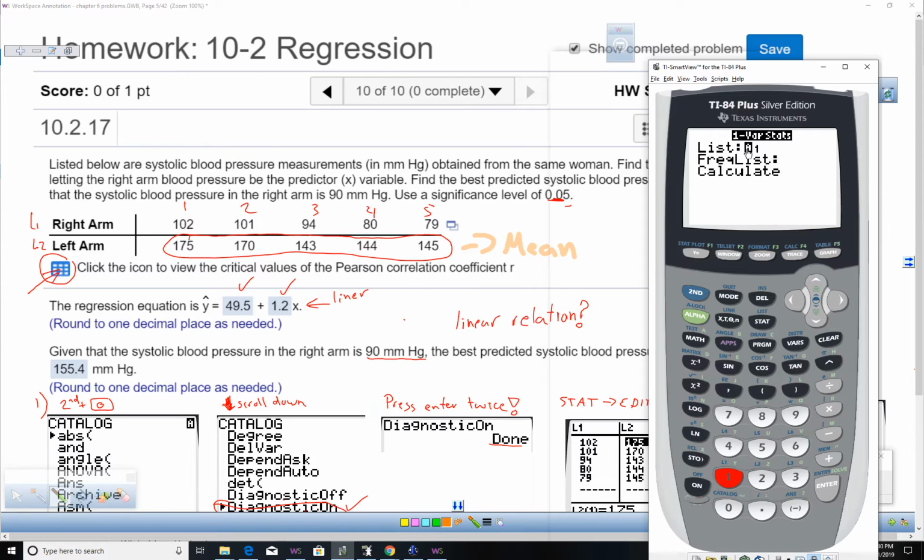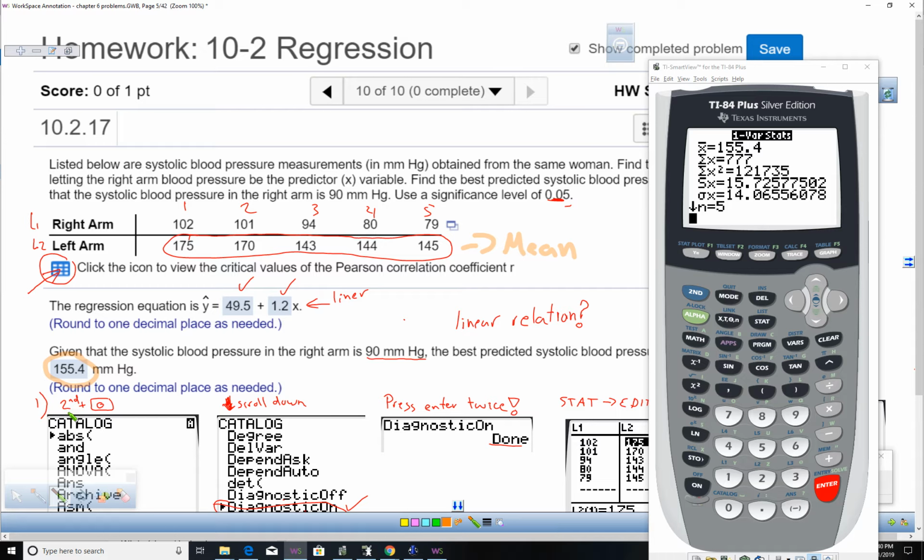Under list, be careful: you want the mean of L2, so enter L2 by hitting second 2. See how you got L2 here on list. Go all the way down and press calculate, and that's the 155.4 you get here.